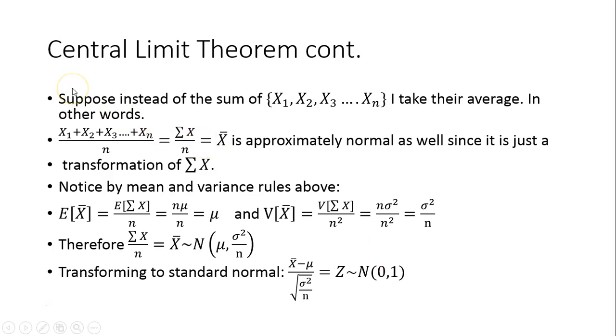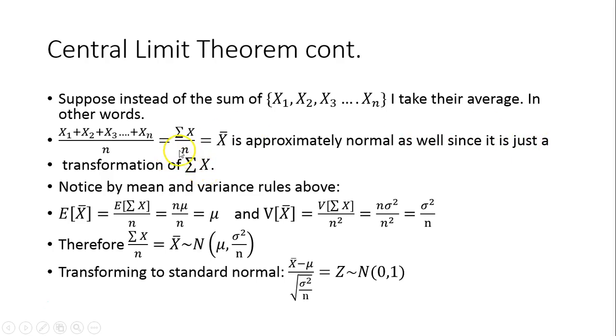Suppose instead of the sum of the random variables, I take their average. So I sum them all up again, but then in the end I divide by n, like this. Call this sum of x divided by n, x bar. X bar is approximately normal as well, since it is just a transformation of the sum of x.